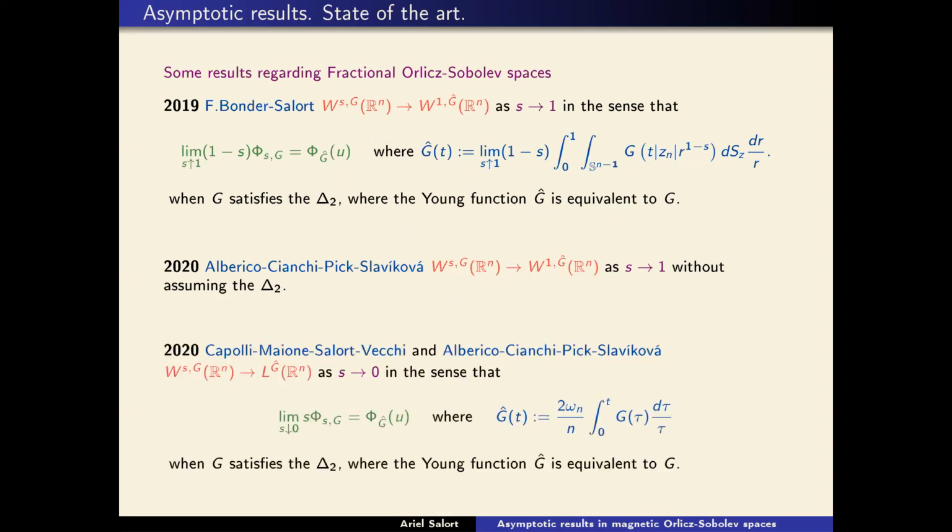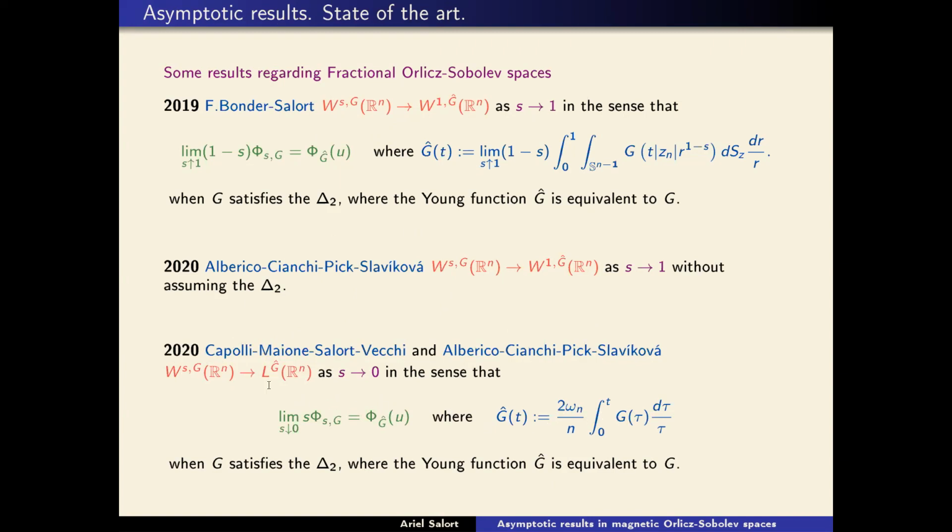Then the behavior of the space W^{s,G} when s goes to 0 was proven in this article and in this other article by, again, Alberico, Cianchi, Pick, and Slavíková in 2020. It was proven that the space W^{s,G} when s goes to 0 recovers the space L^{\hat G}. Again, you don't obtain the same function in the limit. This function \hat G is defined by this formula.